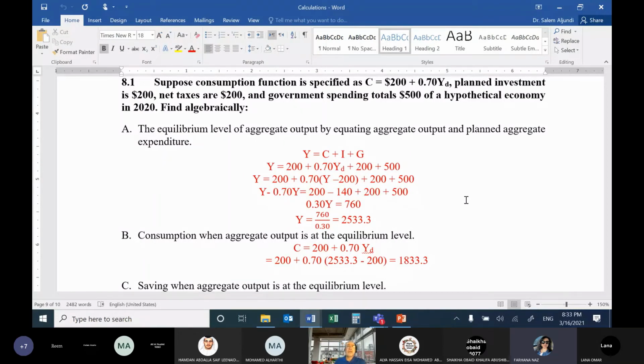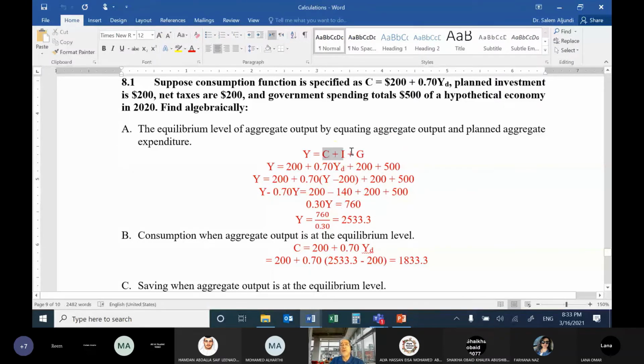Okay, so A says calculate the equilibrium level of aggregate output, which is Y. And Y equals the components of aggregate expenditure, C plus I plus G plus net export. Since I have no information about net export, we assume that the economy is closed, so net export equals 0.